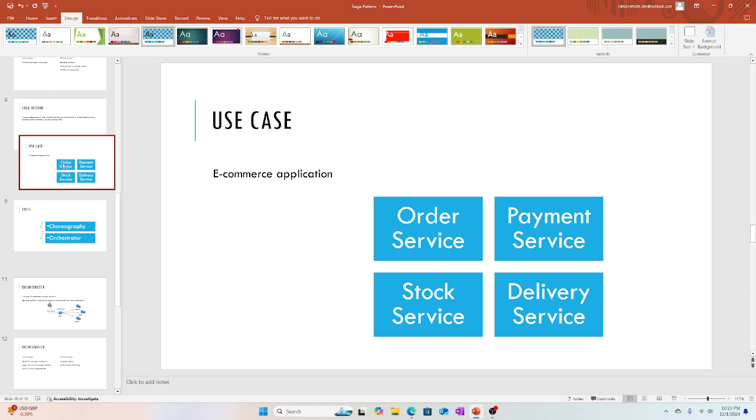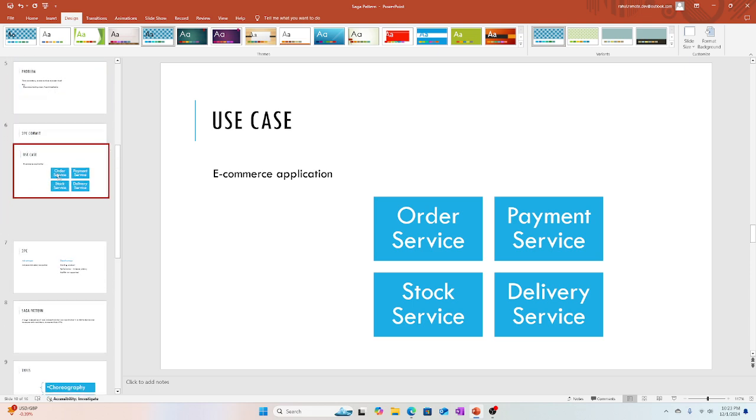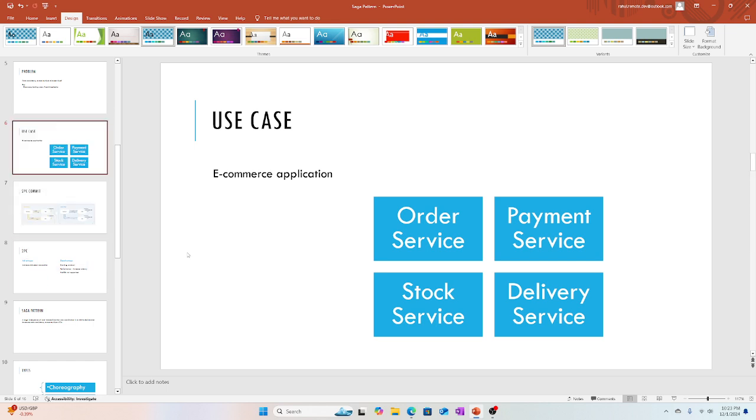Okay, so this is the use case we have. We are going to take the example of an e-commerce application where we have multiple microservices: the order service, payment service, stock service, and delivery service. The order service gets the order from the consumer, and the payment service gets the payment and marks the transaction as successful or a failure.